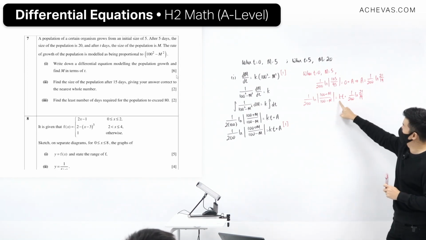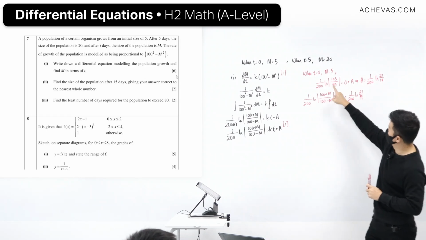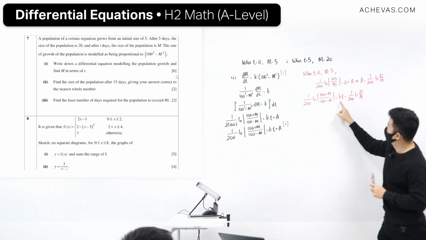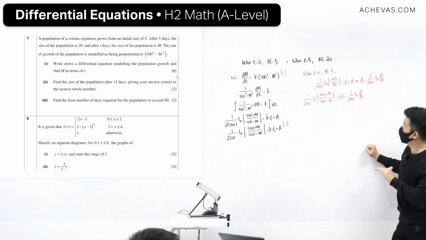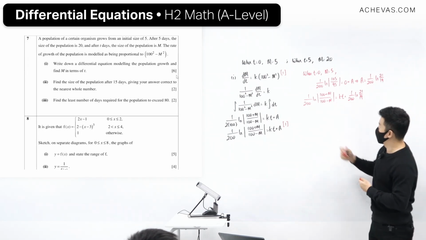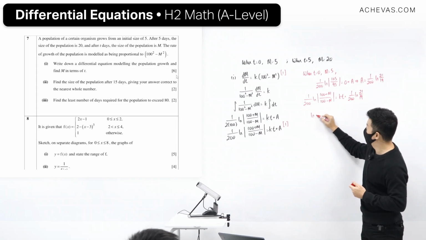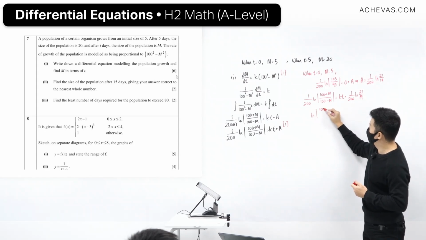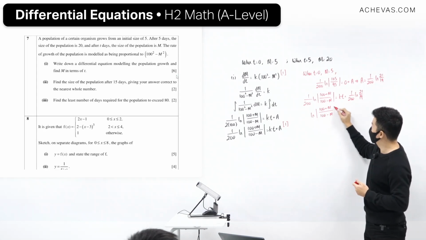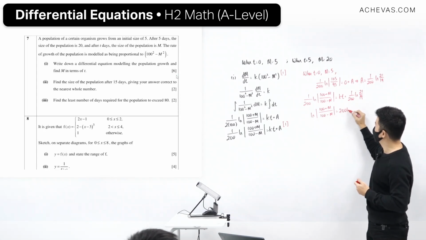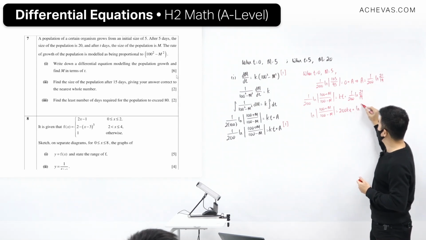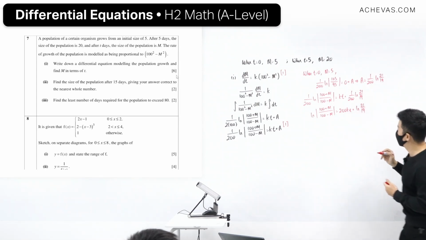Should I solve for k? Maybe I can solve for k, because if I use this piece of information, I can probably solve for k. I don't know how burdensome the next algebra is going to be if I solve for k. Maybe let me do a little bit of change first. So what if I do ln of modulus of (100 plus m) over (100 minus m). This is going to be equal to 200kt plus ln of 21 over 19.